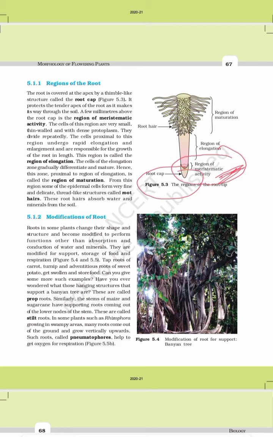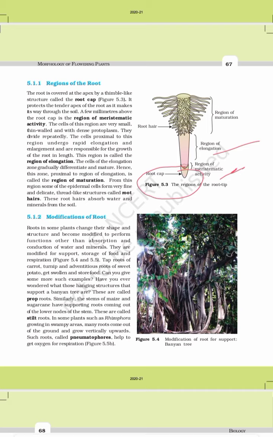So after that, the region of elongation. Here differentiation takes place, and after that the third part is the region of elongation. So what do you mean by this region of elongation? Once the meristematic tissue grows up, after many times of cell division, it stops the process, right?